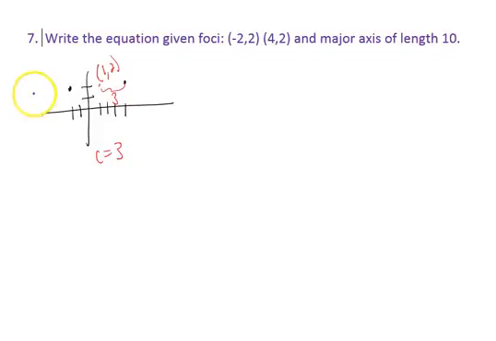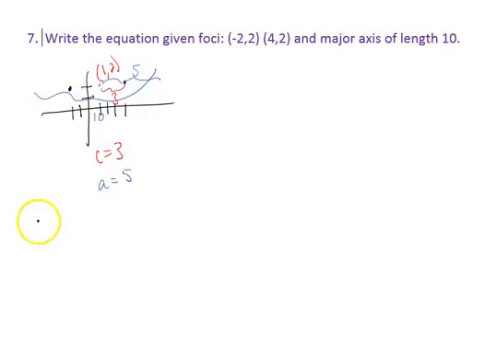And if the major axis is length 10, then that means there's 5 on each side, so 5 from the vertex. That also tells me that my A is 5 because this is a horizontal. If this were vertical, that would be B is 5.